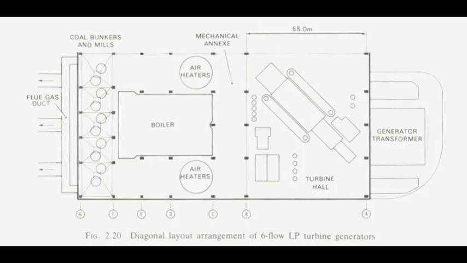There may be different layouts depending upon the space problem. The diagonal layout arrangement of the turbo generator shows that the space arrangement is made in such a way that the turbo generator is diagonally placed for better control of the system, process flow, and accessibility of the various locations of the plant.